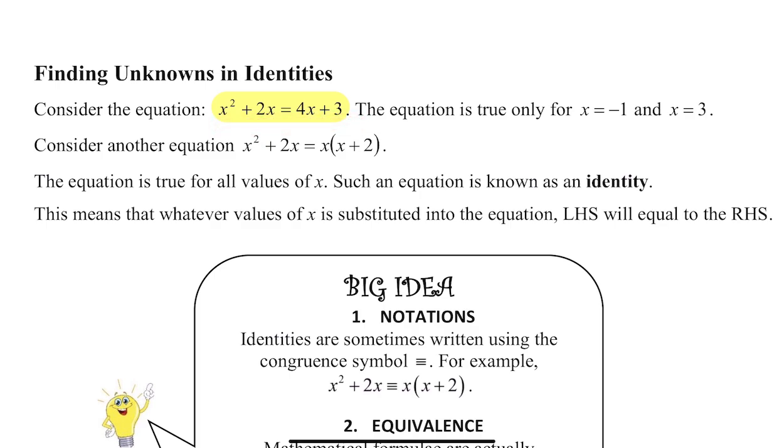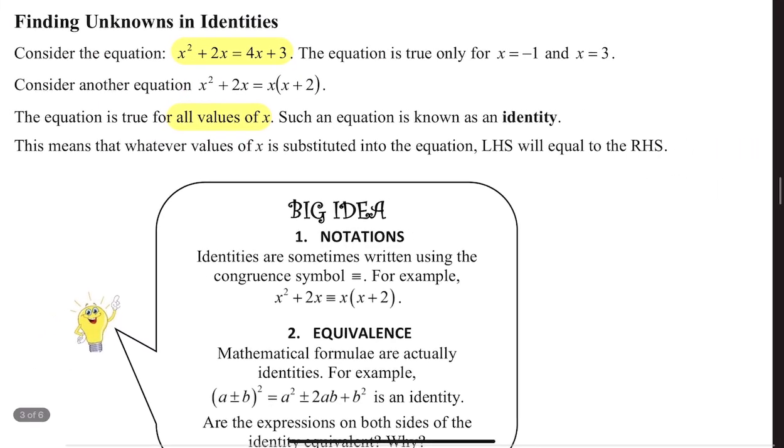However, the next equation over here, x squared plus 2x, if I factorize out the x, I'll get this over here. This equation is true for all values of x, meaning that no matter what x value you sub in over here, this equation will hold true. I'll give you a simple example.